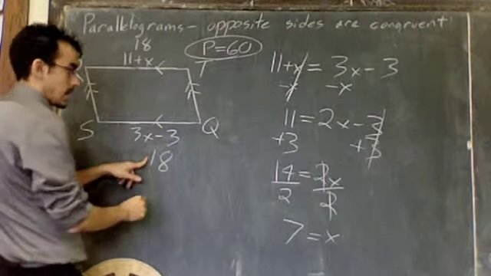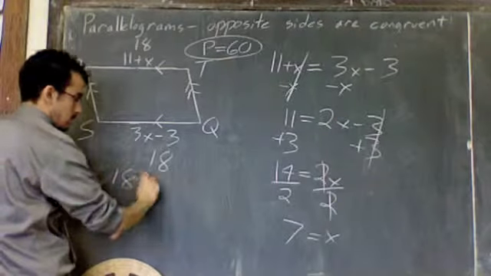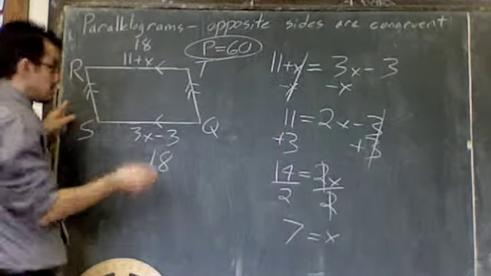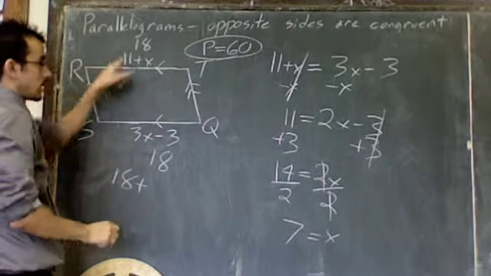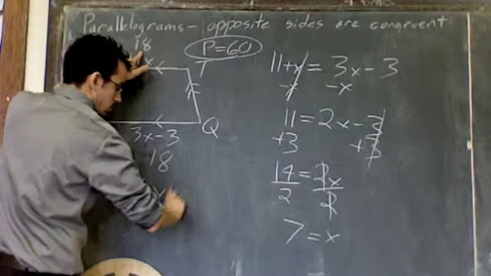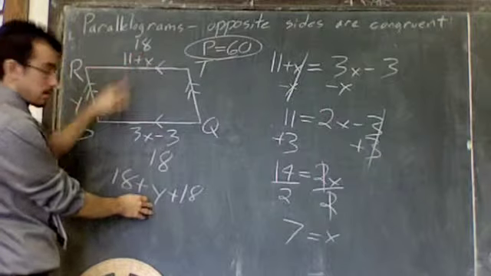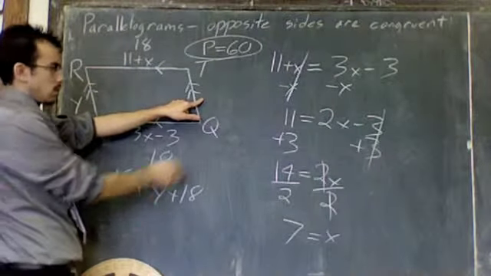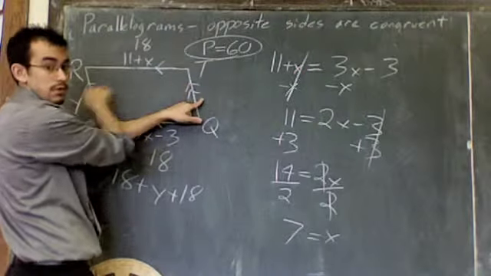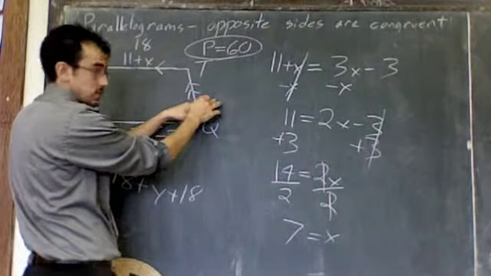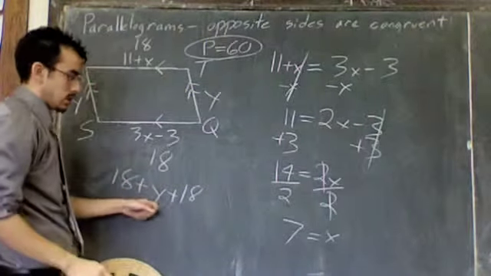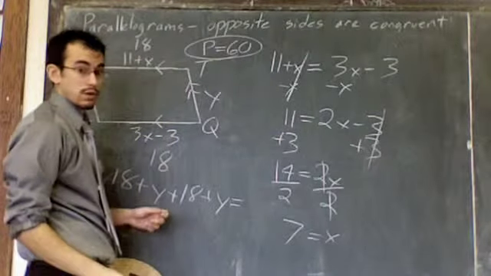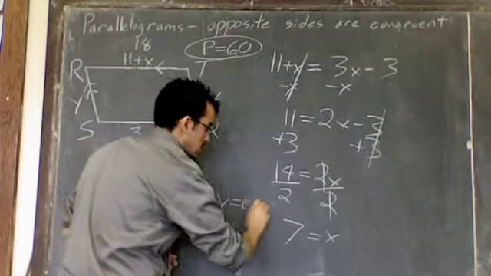I'm going to say 18 plus something. I don't know what it is, so I'll call it y. Plus 18. Sorry, forgot to put the y. 18 plus y plus 18 plus something else. Well, I know these sides should be the same, so if this was y, so was this. 18 plus y plus 18 plus y should equal my perimeter, which is 60.